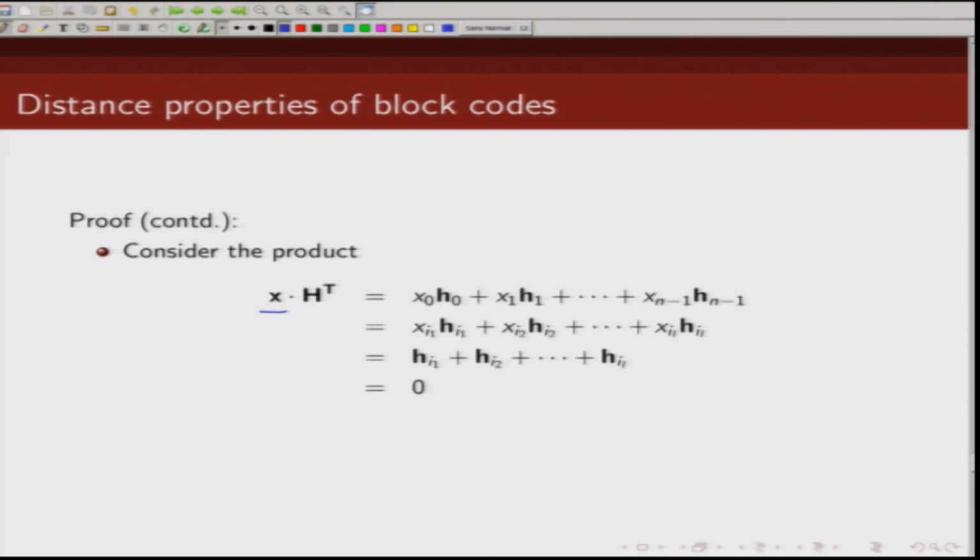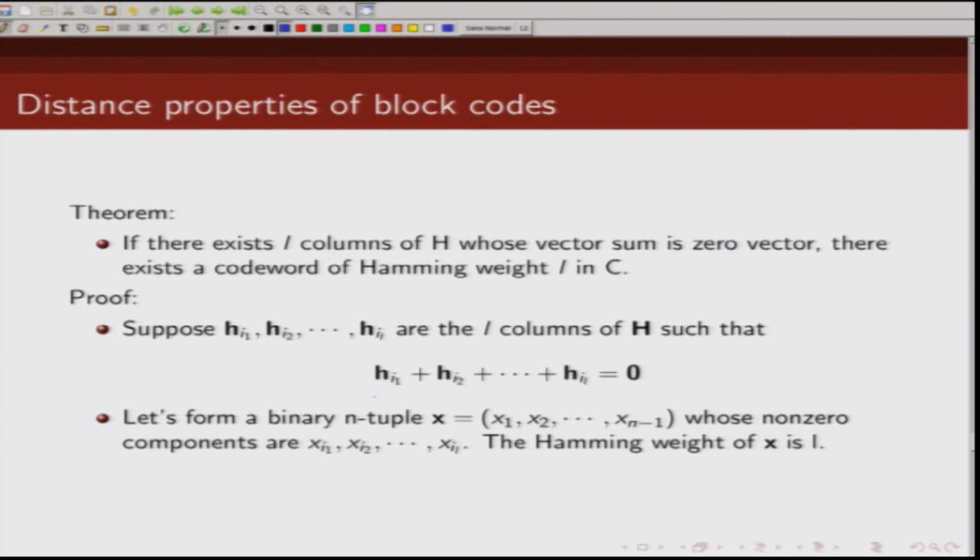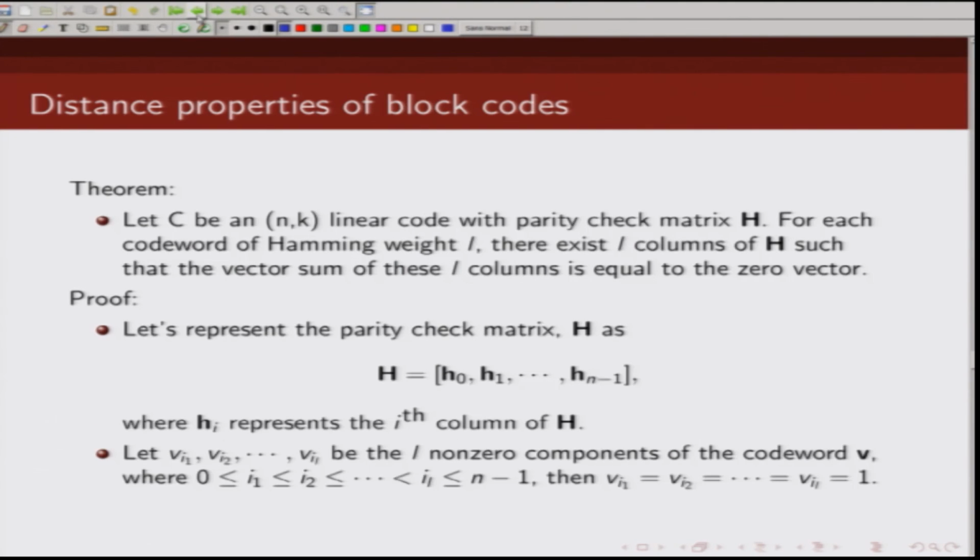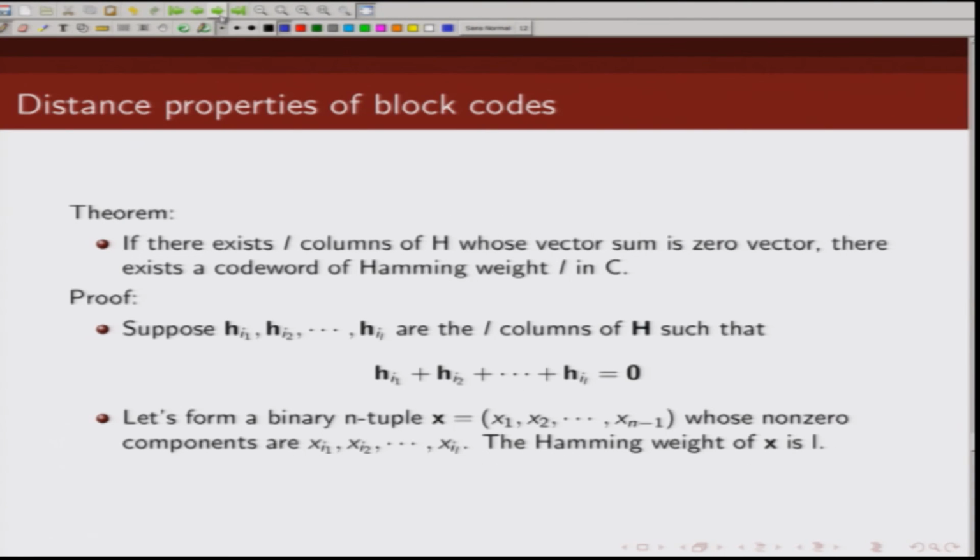So, we have shown that if the vector sum of L columns of parity check matrix H sum up to 0, then there exists a code word of Hamming weight L. Now, using these two theorems, we can make the following observations.